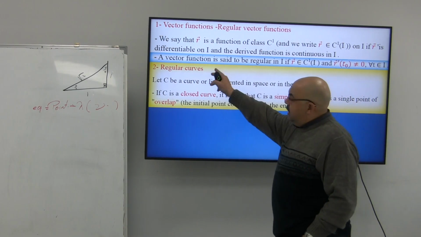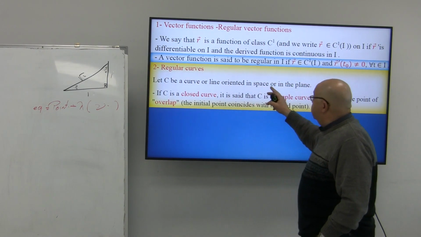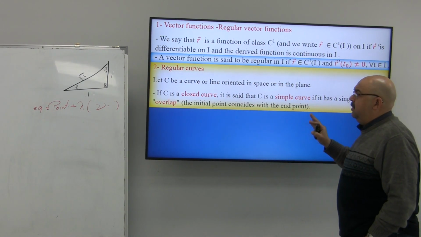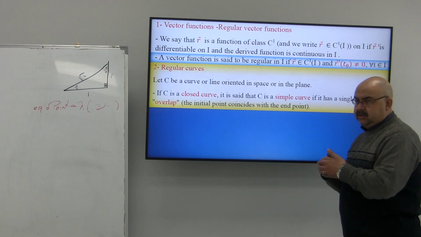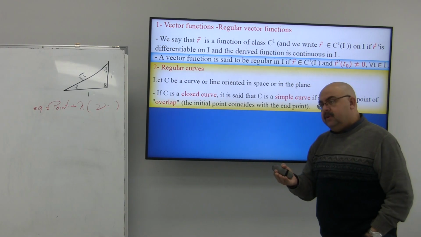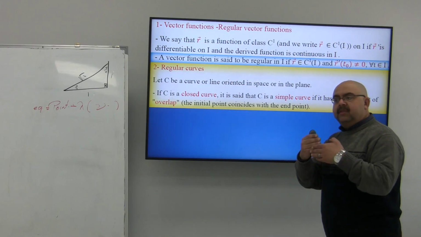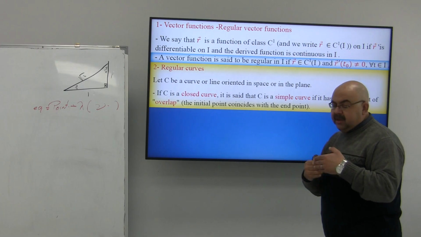For a curve to be called regular, let C be a curve on a line oriented in space. Mainly we mean by regular curves the closed ones. So what's a closed curve? It's one where the initial point overlaps with the end point.